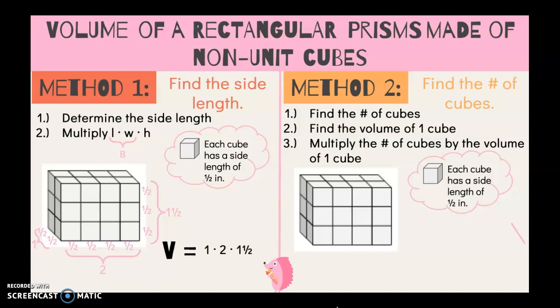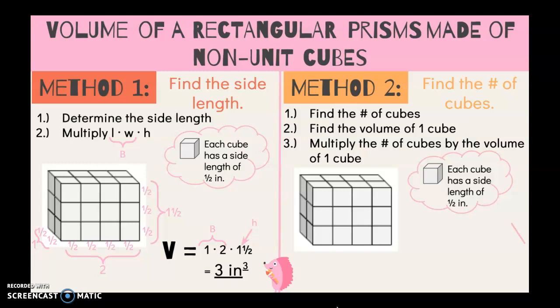On my length, I have four halves, which would be 2. And on my height, I have three halves, which is 1.5. Now I have all three of my side lengths, and I multiply those three to get the volume. The area of the base shape is that 1 times 2, and then the height is 1.5. My total volume would be 3 cubic inches.